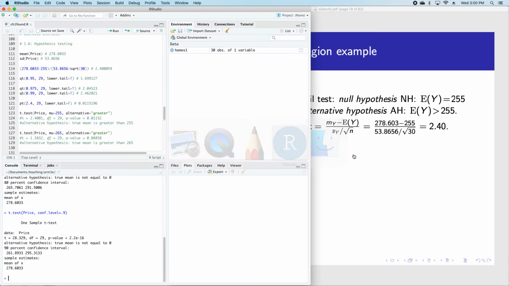I can do those calculations inside R, or inside whatever statistical software you're using. So here's my mean and my standard deviation, and here's my calculation of the t-statistic. Just plugging in all the numbers, I end up with 2.40 to 2 decimal places.